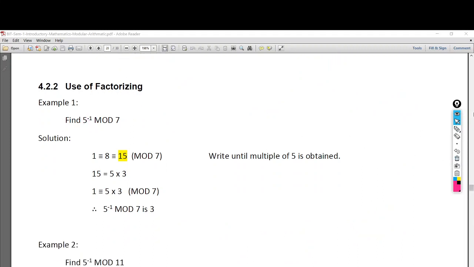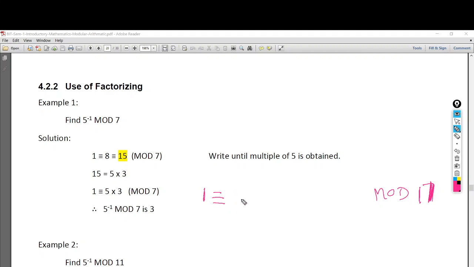So I want to find 5 inverse in mod 11. So how do you start? You find 1 in mod 11. Obviously 5 is not a factor of 1, so you keep moving.